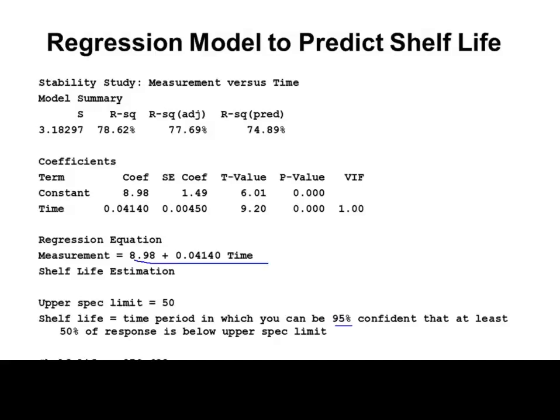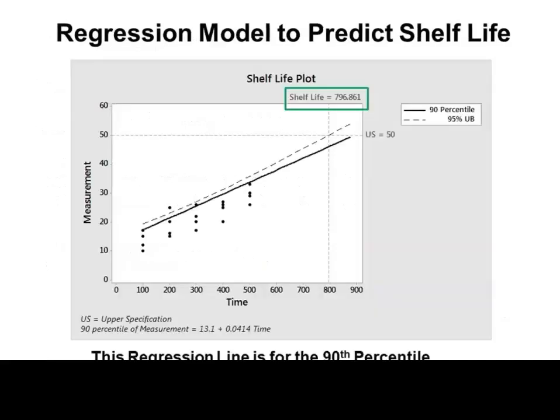Okay, so I want to rerun this. I'm not showing you all the menu options, but one of the options is to not just go with the default of the 50th percentile or the mean line, but specify some other percentile. You could say 99.9, but I just picked 90.